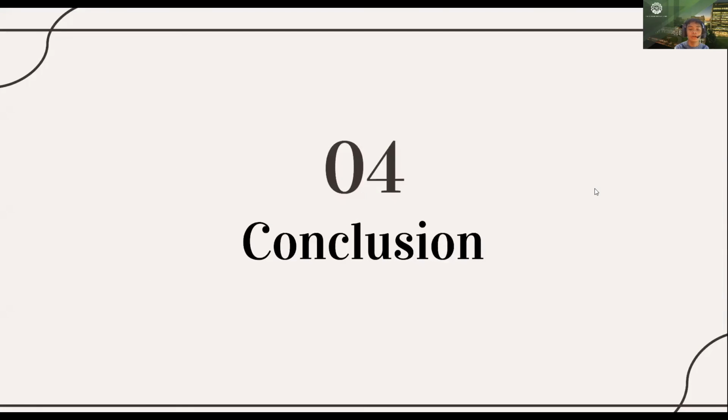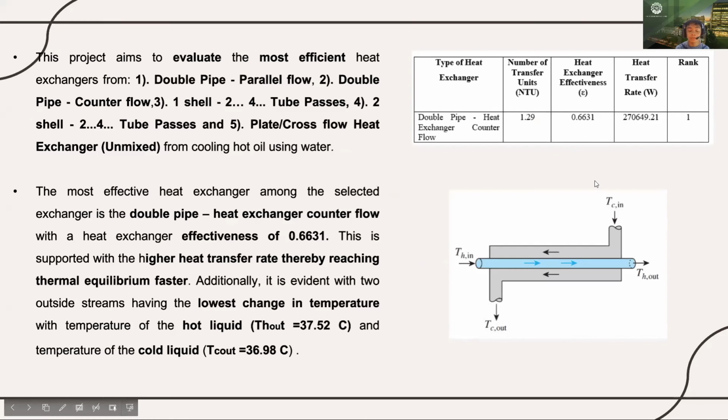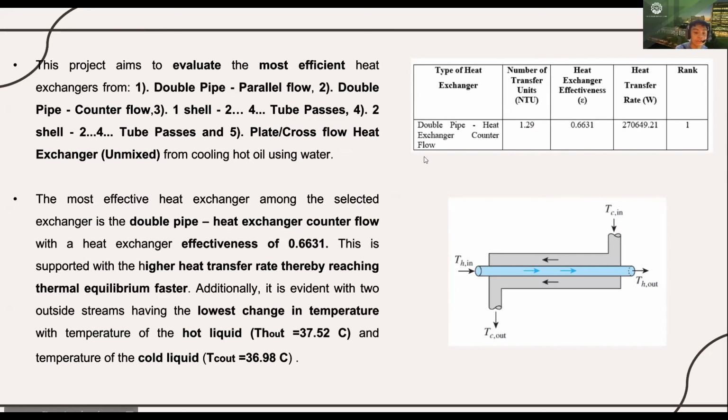In conclusion, this project aims to evaluate the most efficient heat exchanger from the 5 different heat exchangers, which are the double pipe parallel flow, double pipe counterflow, 1 shell, 2, 4 tube passes, 2 shell, 2, 4 tube passes, and the plate cross flow heat exchanger mixed for cooling hot oil using water.